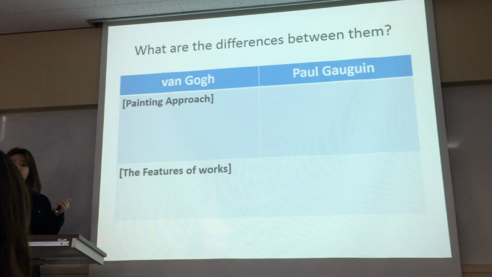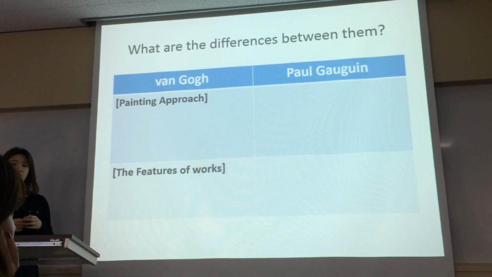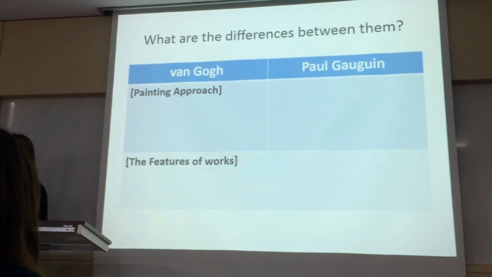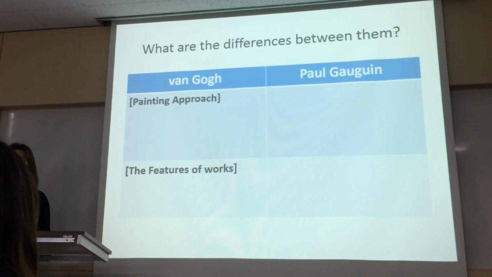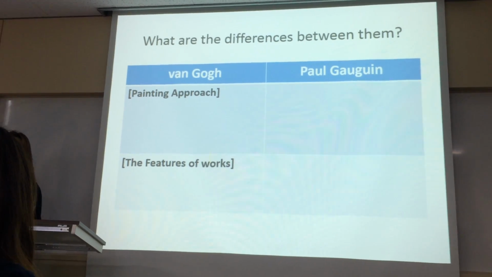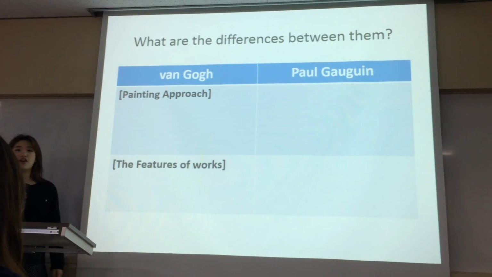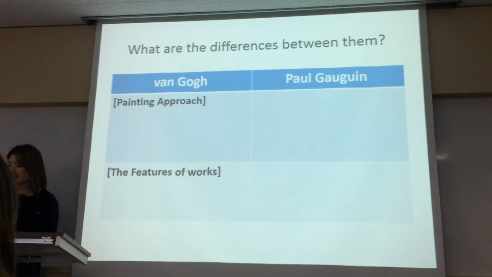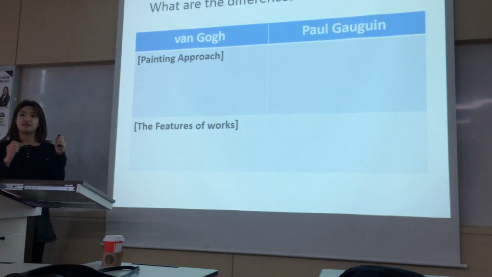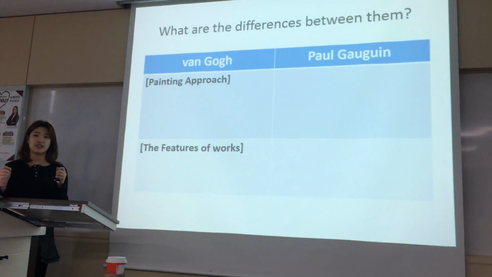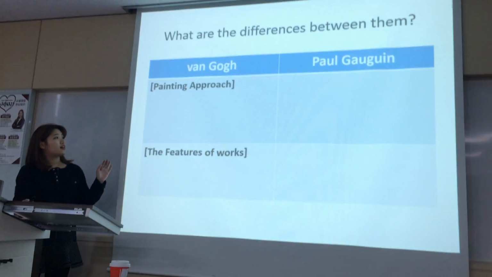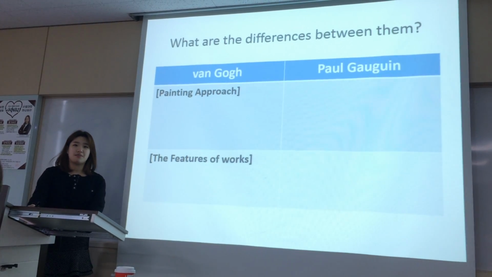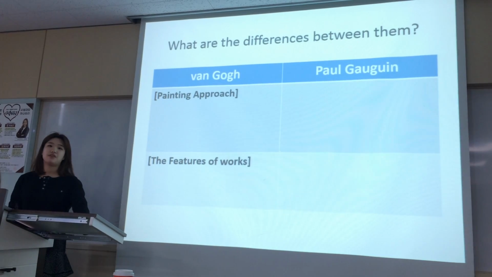This time, we are going to focus on more detail. Who are the two figures of this passage? Yes, right. Gogh and Gauguin. There are some differences between them, right? Yes. So let's see the different characteristics between them, and please read the text more deeply, and I will give you 3 minutes.